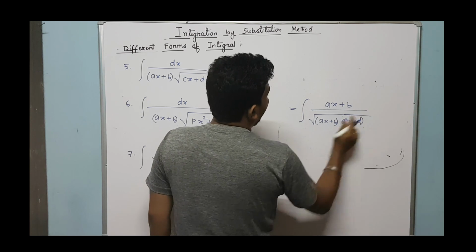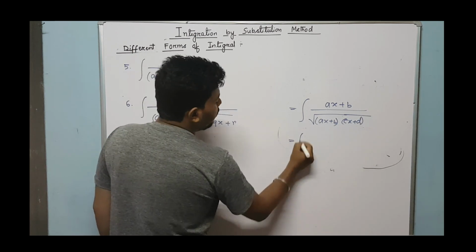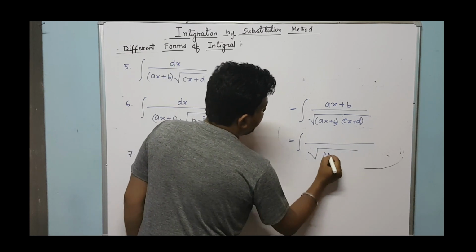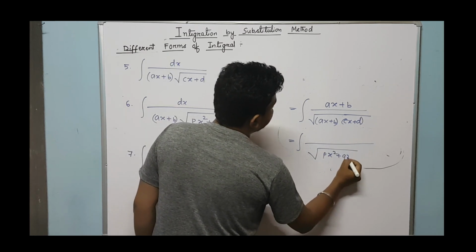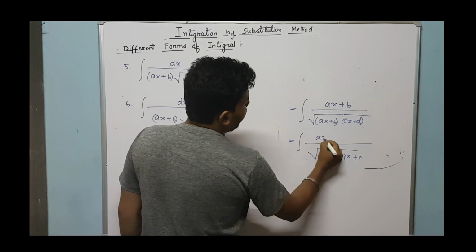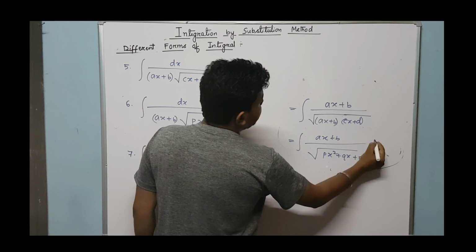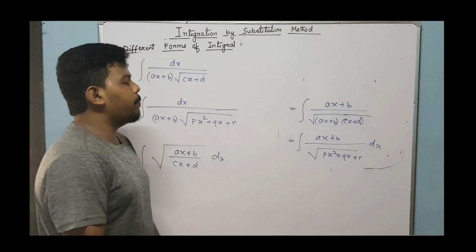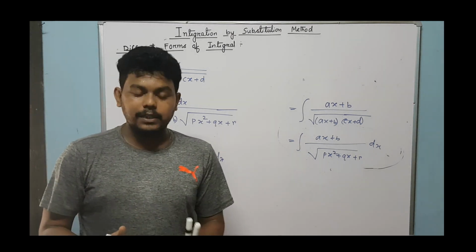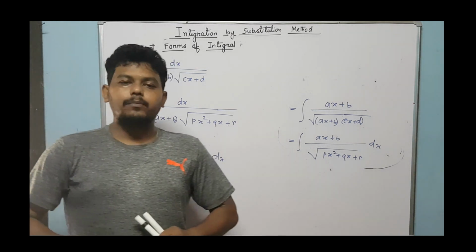Now see, after multiplying this, it becomes a quadratic expression like this: px square plus qx plus r, and in the numerator you are given ax plus b. So this is nothing but form number 4. So these are the 7 different forms that you will come across in substitution method.